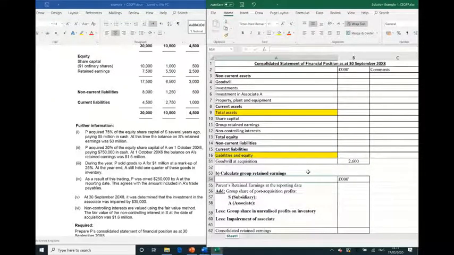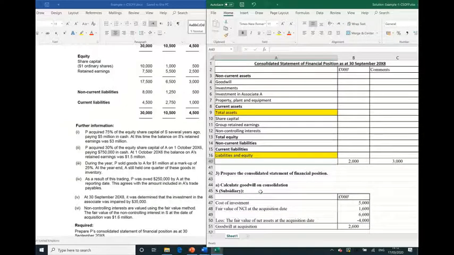Okay, so moving to calculating the group retained earning. Calculating the group retained earning starts with the parent retained earning at the reporting date, and this is given here in the statement of financial position of the parent company: 7,500,000. And then we add to this figure the group share of post acquisition profit of both the subsidiary and associate.